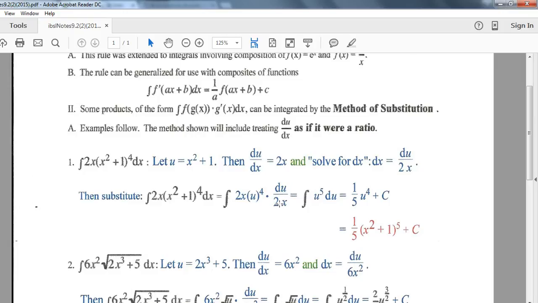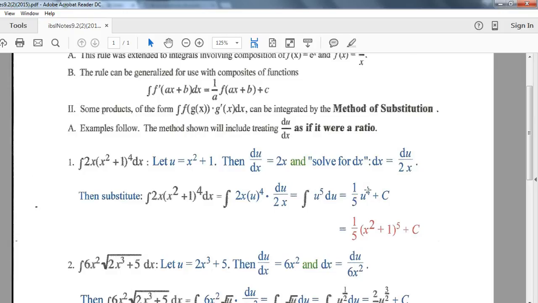Let's recognize that this 2x can cancel with that 2x. We also need to recognize that to integrate, I'm going to add one to my exponent and then divide by that number. So here we go with that look here. That should be a 5.